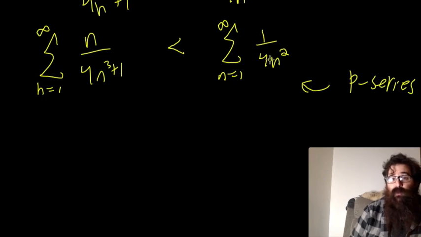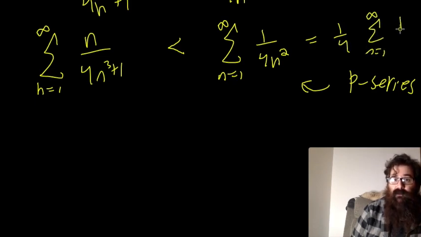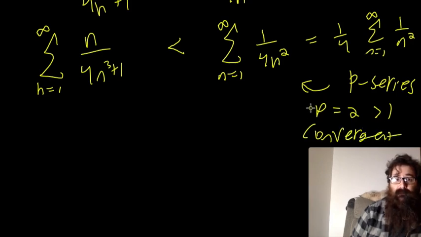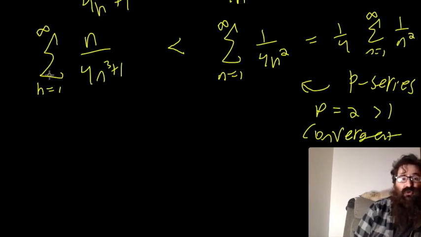It has a coefficient of 1/4, but otherwise, it's a p-series. I could write it as 1/4 times the sum from n equals 1 to infinity of 1 over n squared, if that feels better. The p-series with p equals 2, which is greater than 1, is a convergent p-series. And this is larger than what I was given originally.